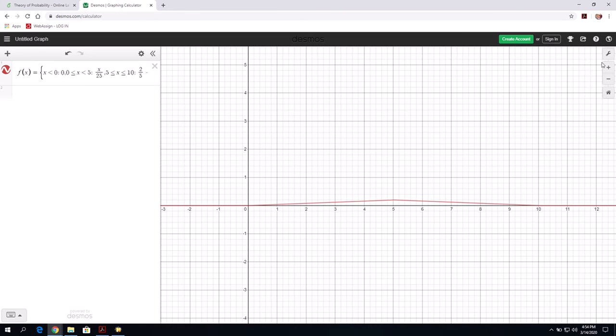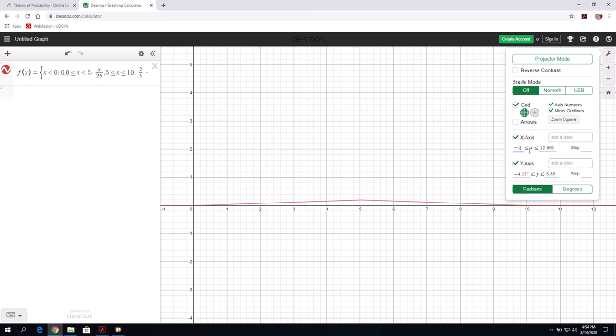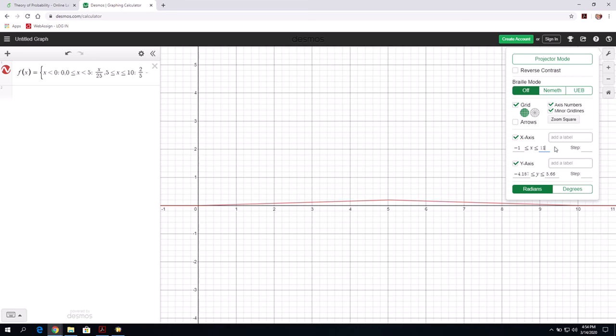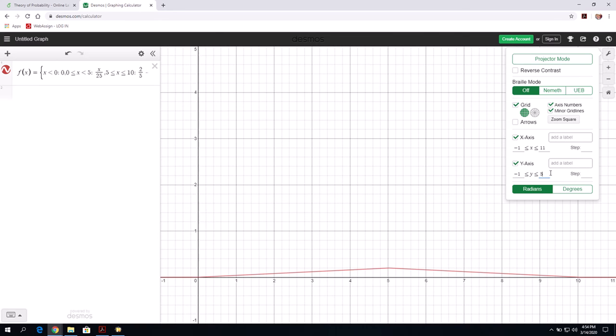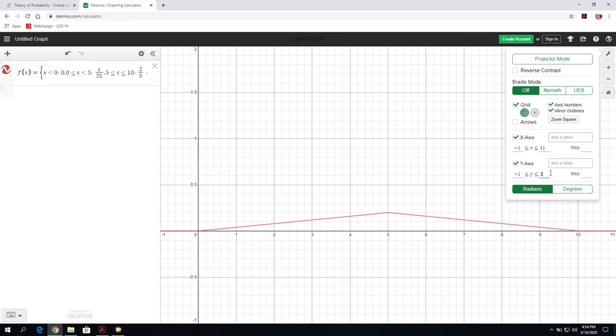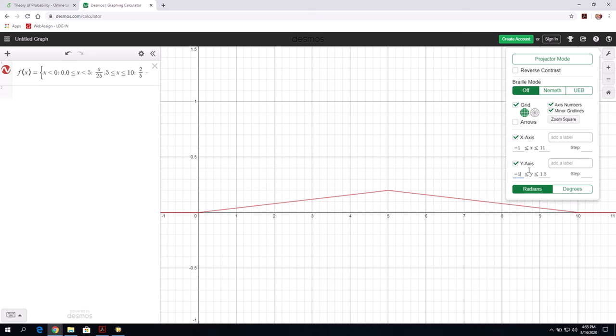So what we can do is go in here into this little wrench thing. If you hover over it, it says graph settings, and we can tell it what range to use. Maybe on the x-axis from negative 1 to let's go to 11. And on the y-axis, let's go from maybe -0.5 to 1.5.